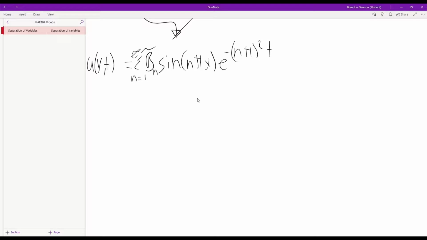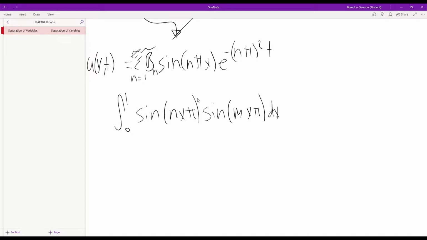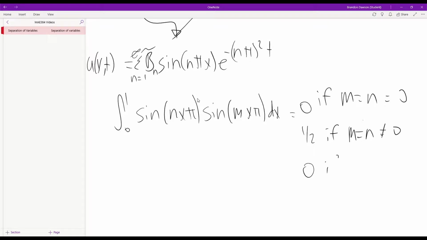What the orthogonality condition states is that if you take the integral of sine, or a cosine would work too, it equals 0 if m equals n equals 0, it equals 1/2 if m equals n, which is not equal to 0, and it equals 0 if m does not equal n.